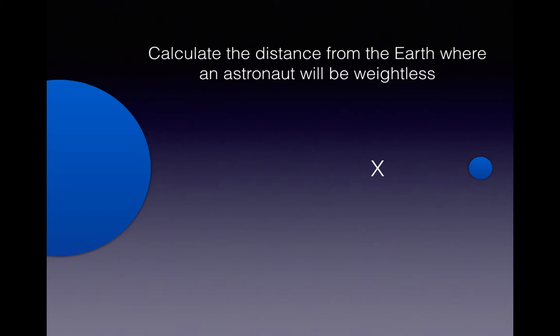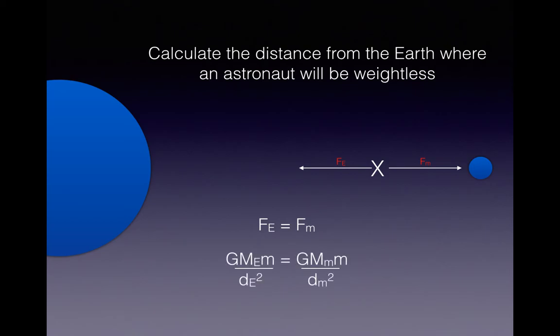And basically what's going to happen is that at that position, if an astronaut was present there, the force of attraction between the astronaut and the Earth would be equal to the force of attraction between the astronaut and the moon. Now, because they're forces of attraction, we can use Newton's law of gravitation. So those equations will be equal to each other.